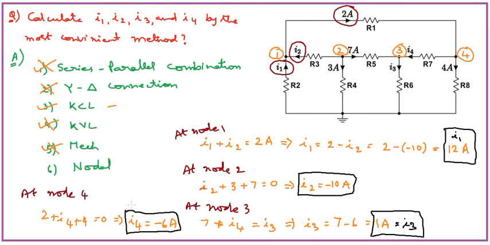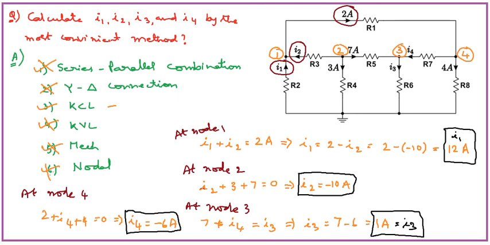Now I can conclude that as there is no voltage source in this circuit, we need not go ahead with nodal analysis either. Nodal analysis is used to get node voltages, but here there is no voltage source, so there is no question of getting nodal voltages.